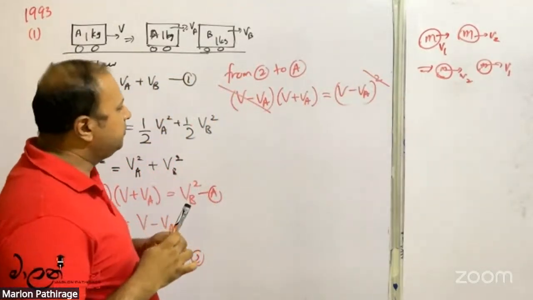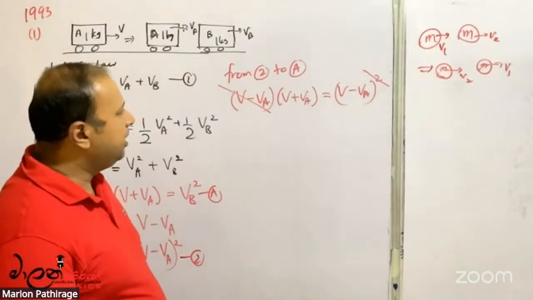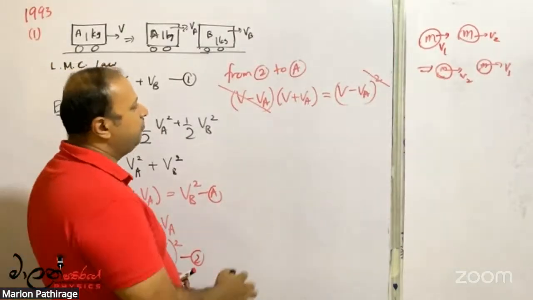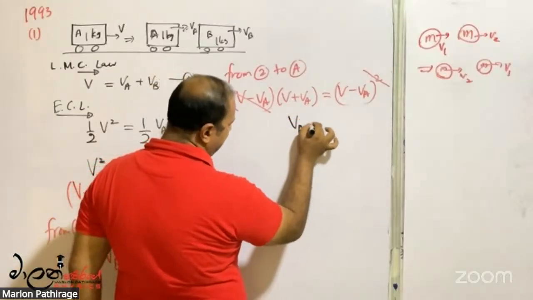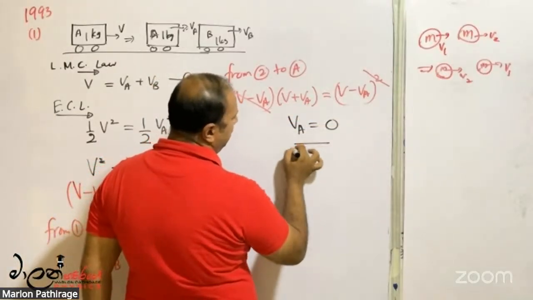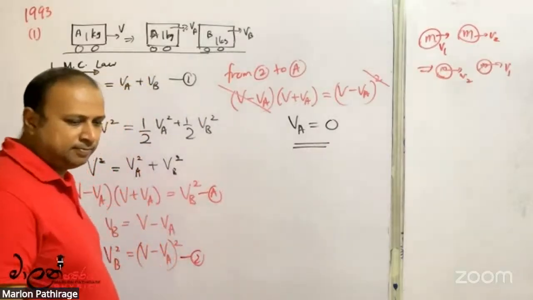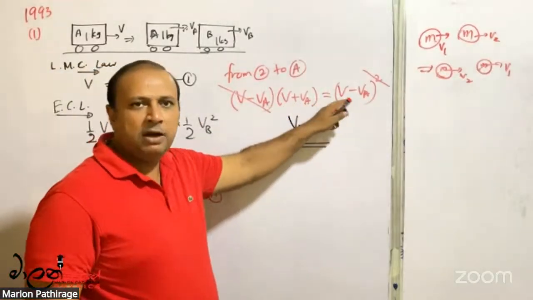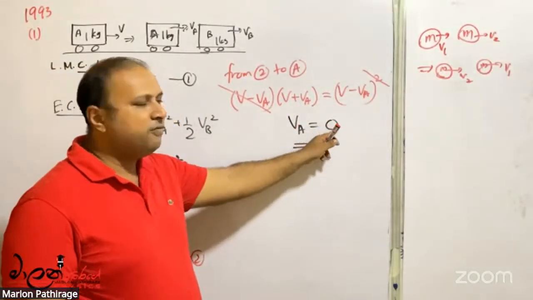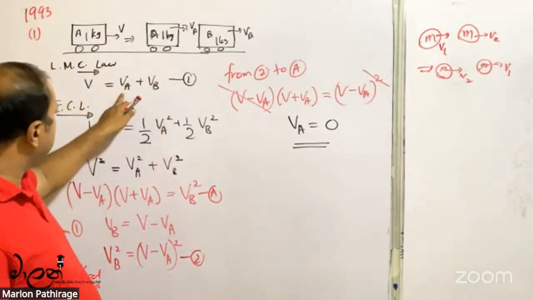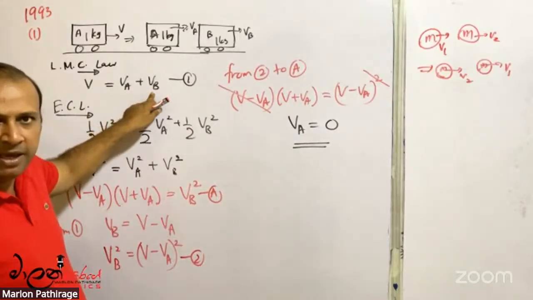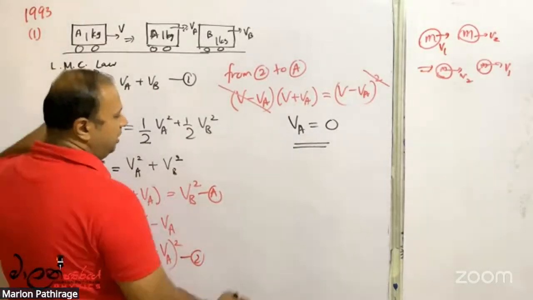Therefore, v plus va is equal to v minus va. v and v cancel out. Therefore, va is equal to 0. So, as va is equal to 0, vb becomes v.